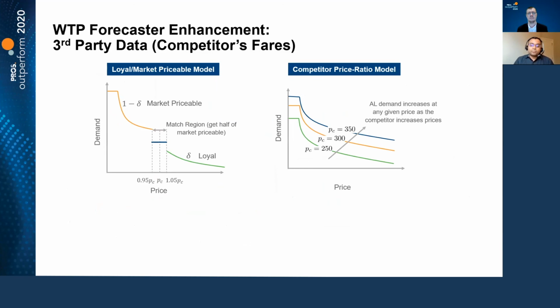In the past few months or so, we have developed a couple of demand response models, which can take competitor price as a covariate and can produce demand response curves which are sensitive to that competitive fare. So both the price sensitivity and other parameters are affected based on what the competitive price is.